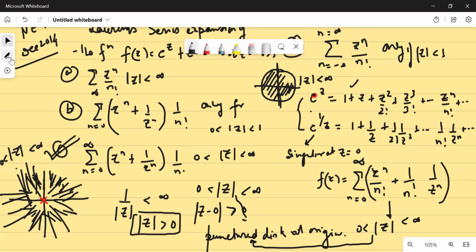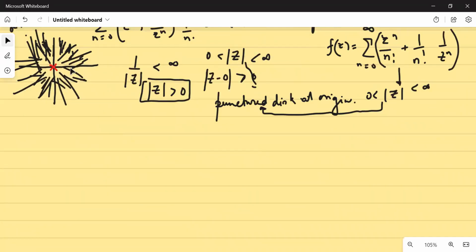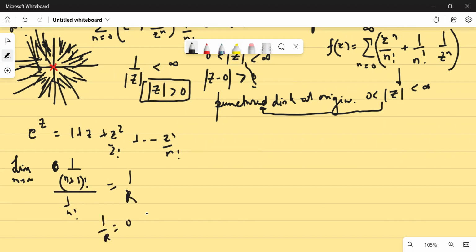Sir, how do we find out whether a function is entire? Suppose you ask whether e raised to power z is an entire function. What do you do? Write its power series representation. The easiest way is to write the power series representation and find its radius of convergence. So limit n tends to infinity of a_(n+1) upon a_n equals 1 over r. So the limit value is 0, which implies r is equal to infinity. So it is completely convergent for all z.